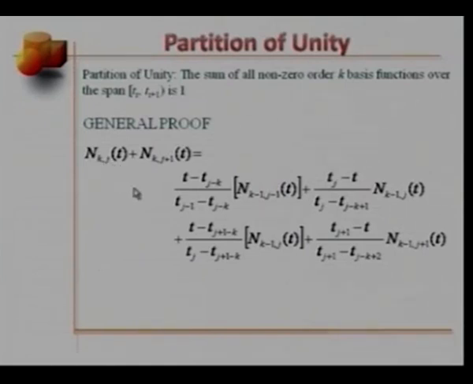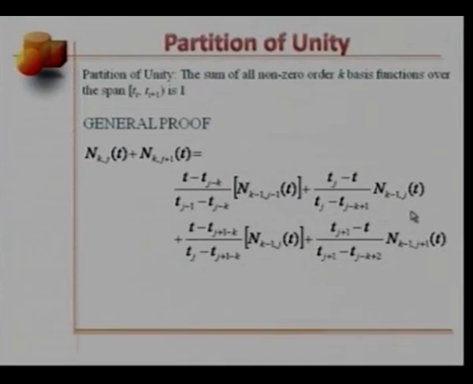And then all we need to do is index j to j plus 1 to get another recursion relation. So we have plus t minus t j plus 1 minus k over t j minus t j plus 1 minus k times N k minus 1 j of t plus t j plus 1 minus t over t j plus 1 minus t j minus k plus 2 times N k minus 1 j plus 1 of t.